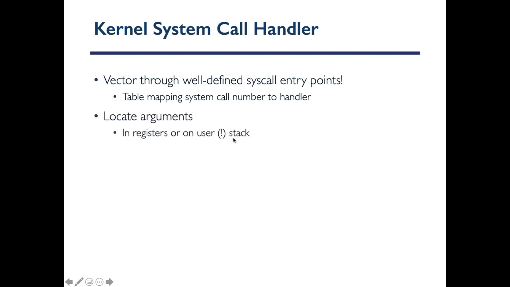Okay, so let's see how the kernel system call handler works. Well, the same way that you did interrupt handling, you do system call handling. So you should have a well-defined entry point for each system call. When a system call happens, the operating system locates the arguments for that system call, which are in the user stack, right?